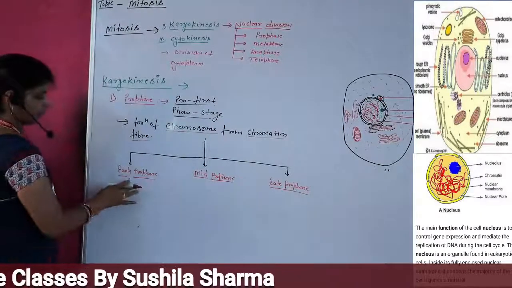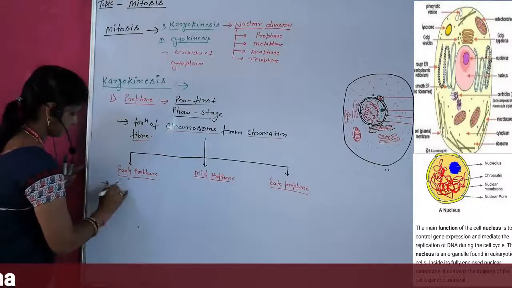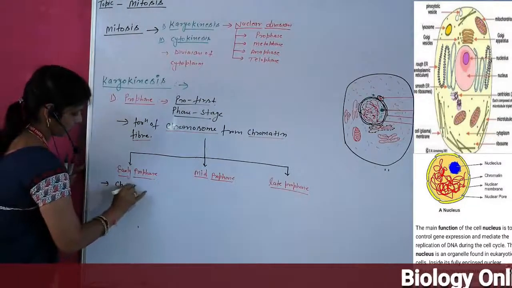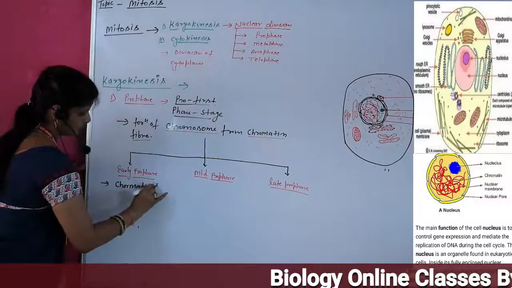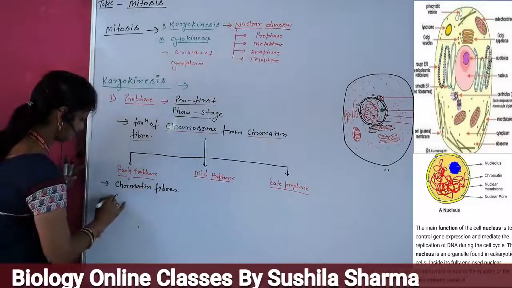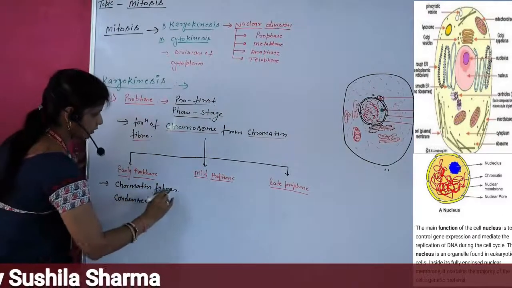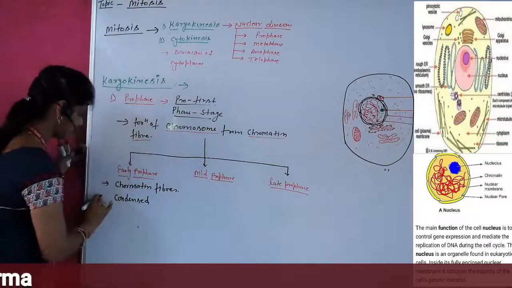Which event takes place in early prophase? During early prophase, chromatin fibers are condensed.